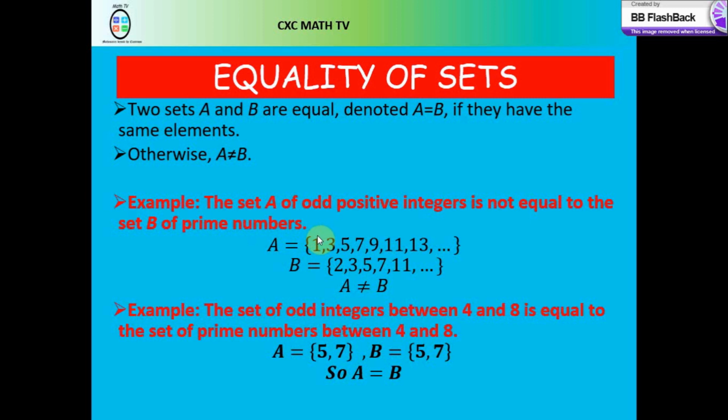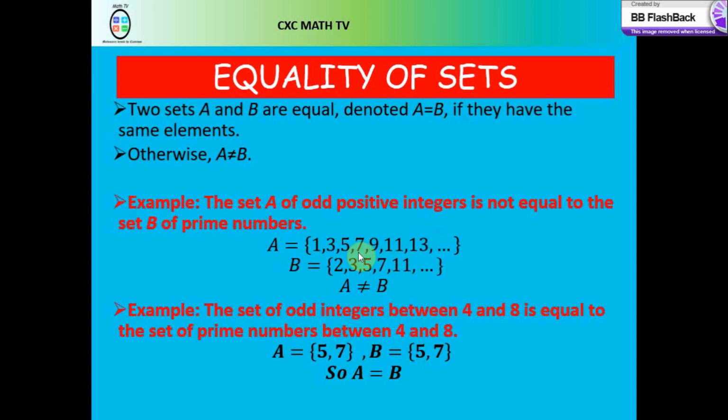If you're looking at odd integers 1, 3, 5, 7, 9, 11, 13 and so forth, and then the set of prime numbers 2, 3, 5, 7, 11, you realize that set A has a 1 in it, B doesn't have a 1. Set A has a 9 in it, set B doesn't have that 9. So they don't have all the same elements.